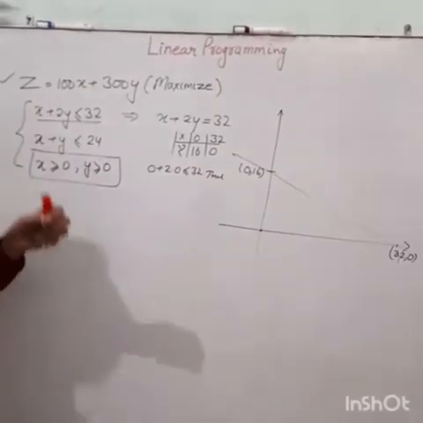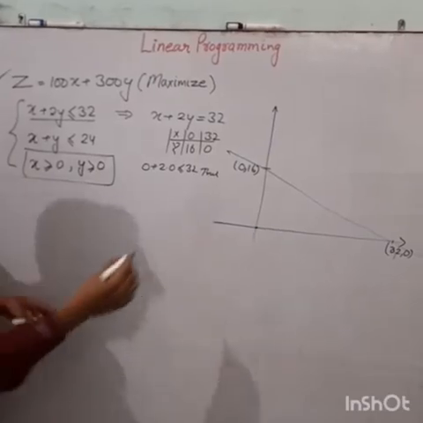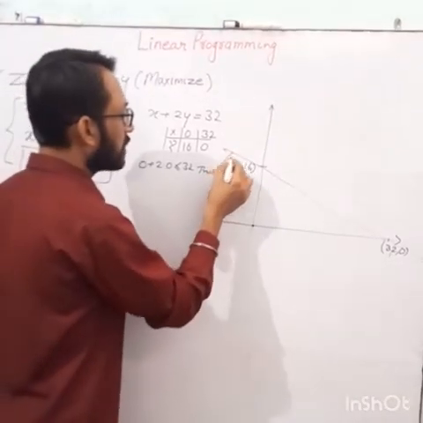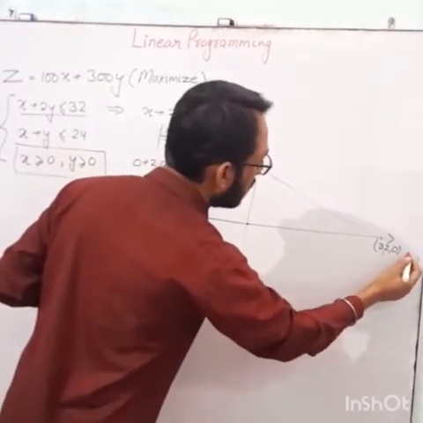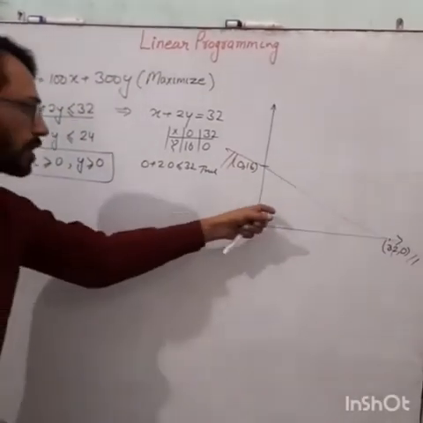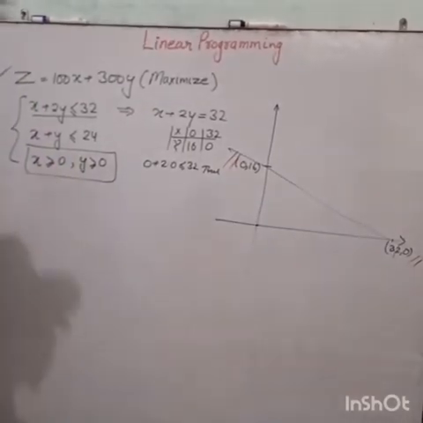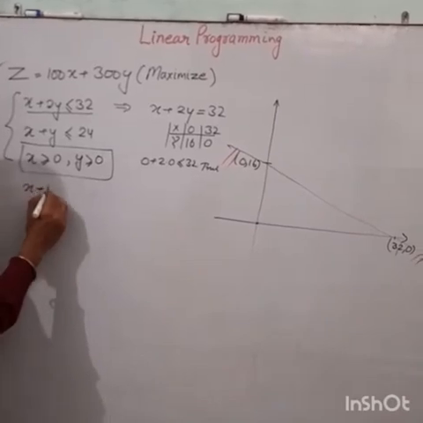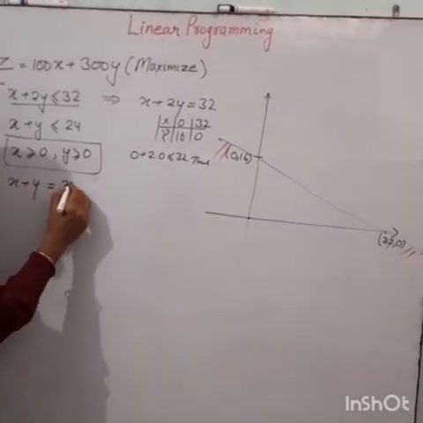True means the shaded region will be towards the origin. The shaded region for this particular inequality will be towards the origin only in the first quadrant as per this condition.